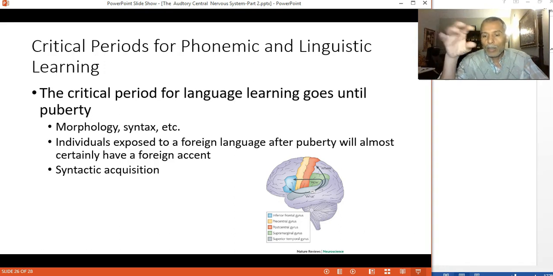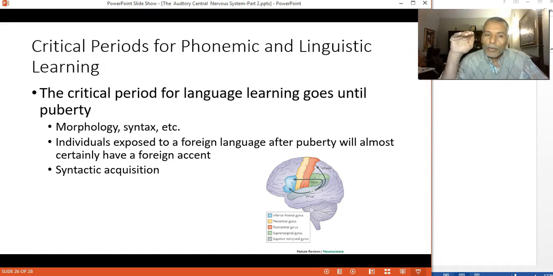So, in terms of the critical period for language learning, the morphology, the syntax, the grammar, the kind of how to use language, it goes up to about 15 or so, just around early puberty. And in puberty, we know that the nervous system starts to connect and to become more hardwired.